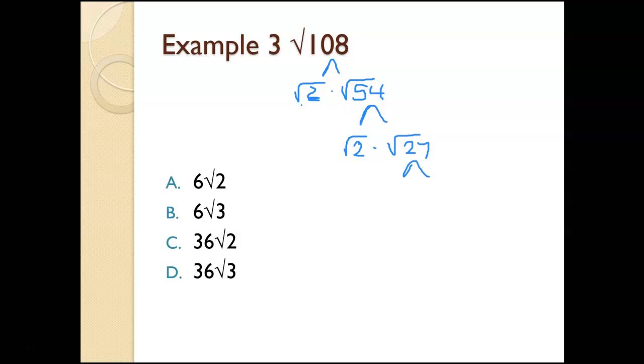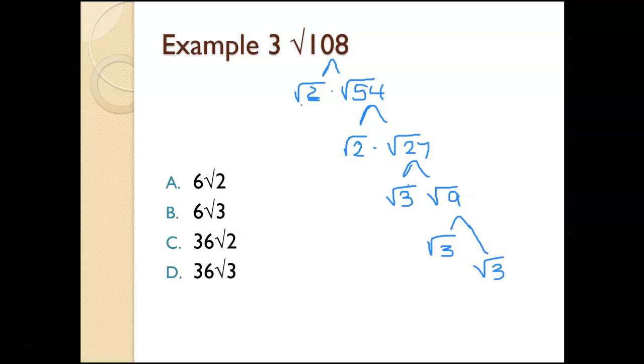What two numbers multiply to 27? 3 and 9. Nine's not prime. What two numbers multiply to 9? Zoe? 3 and 3.